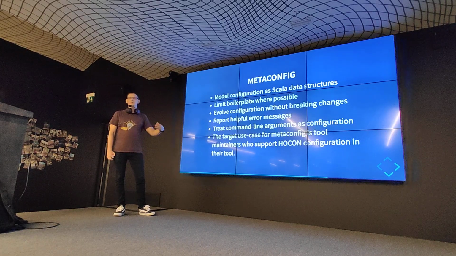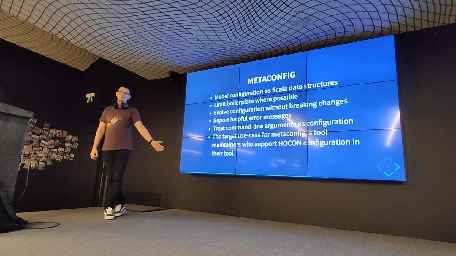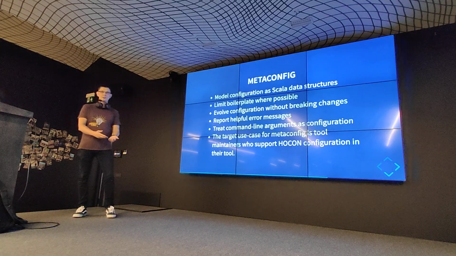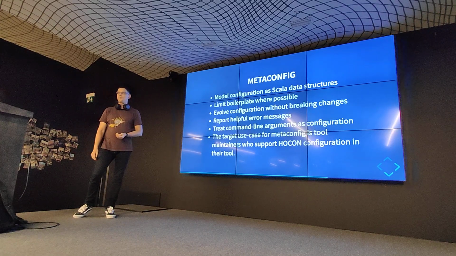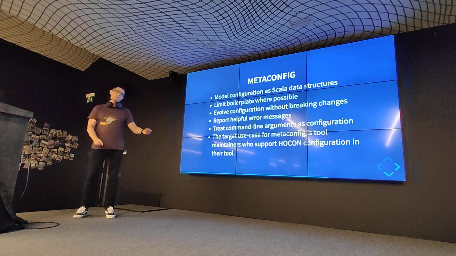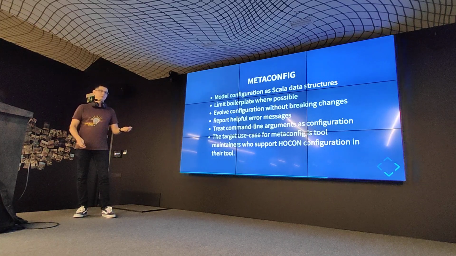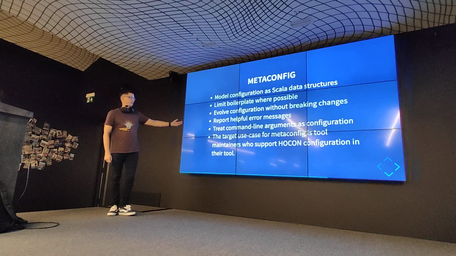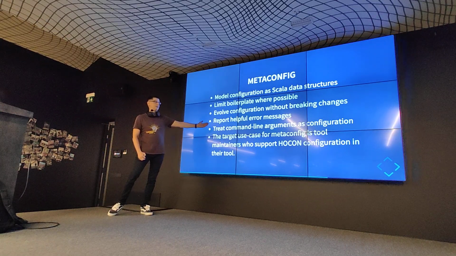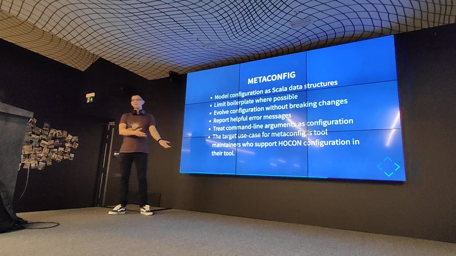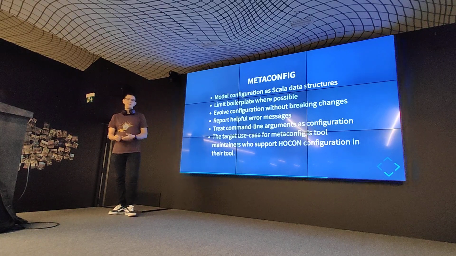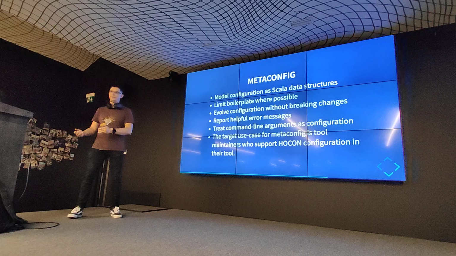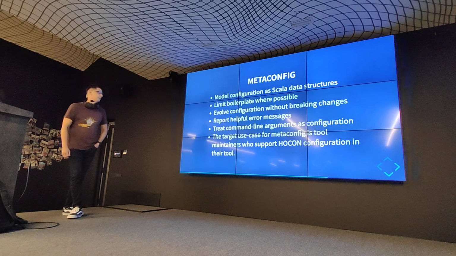So for example, if you're building a public-facing command line tool, and you release a new version and you want to rename a configuration parameter and you don't want to write the whole migration boilerplate, metaconfig works for that. And it also automatically gives you a command line argument parser from your configuration. So you could either read it from the file or you could provide it through the command line.